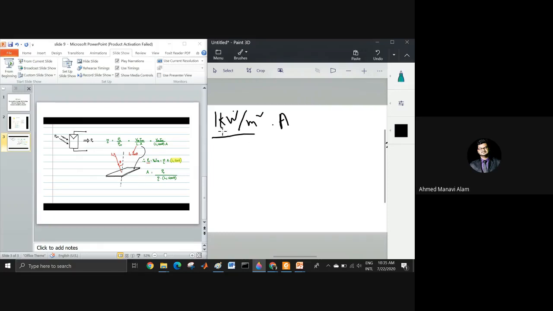is not always fixed, because the PV plate or the PV cell is not always perpendicular to the sun.